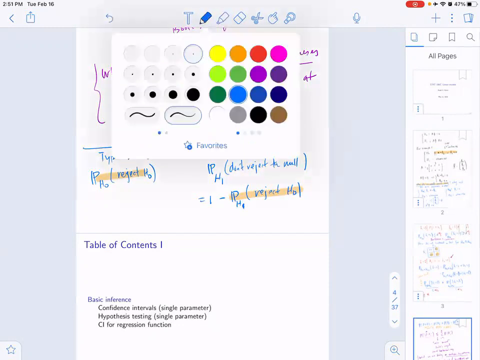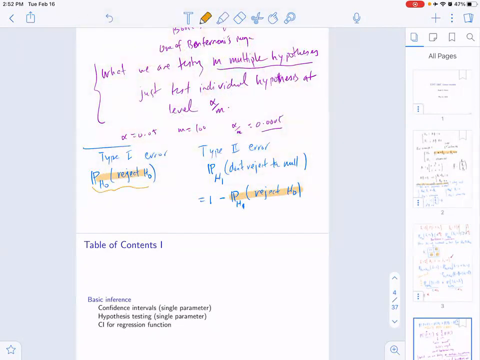In engineering, this is also called false alarm. This is called detection probability. This is in radar, for example. If you're running a radar, and some missile comes in, you want to alert people.